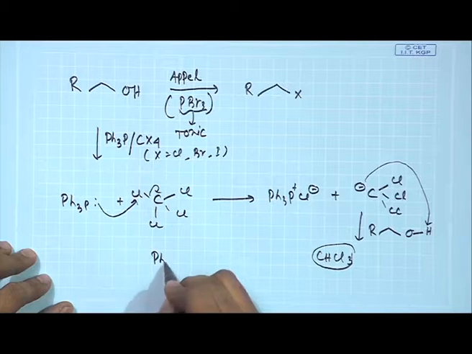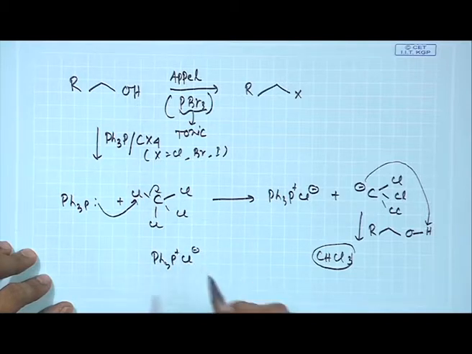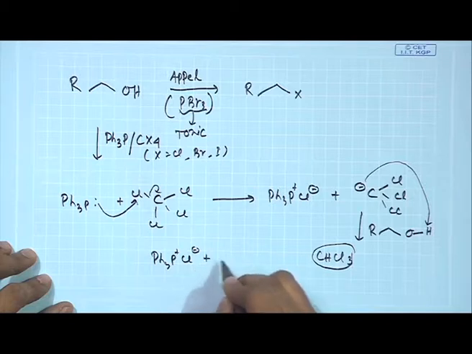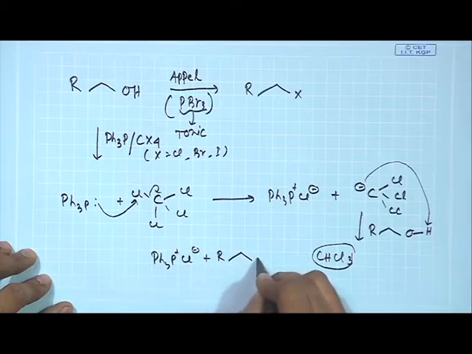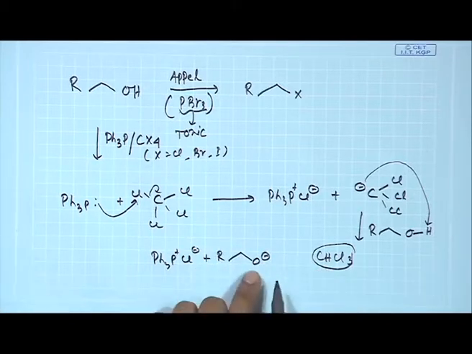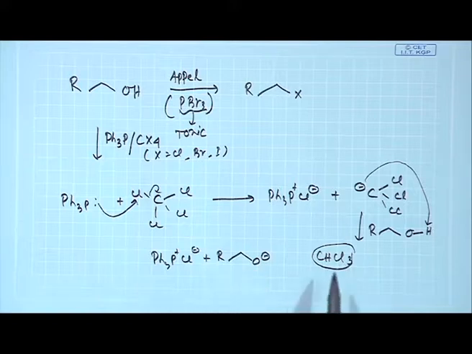Then you have this Ph3P-Cl plus Cl minus in the reaction mixture, and you also have RCH2O minus, because this alcohol has donated its hydrogen to CCl3 minus to become CHCl3. That was the main thing.